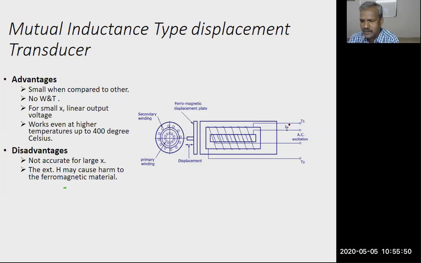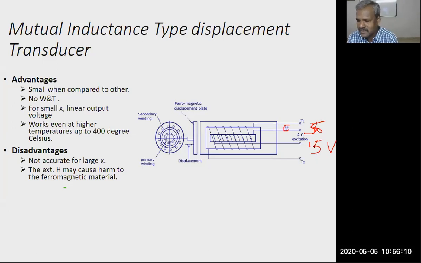The primary coil is excited with AC. Normally this AC excitation voltage for mutual inductance transducers ranges from 3 to 15 volts.